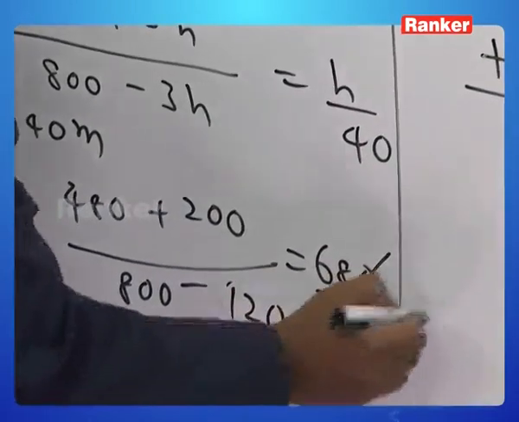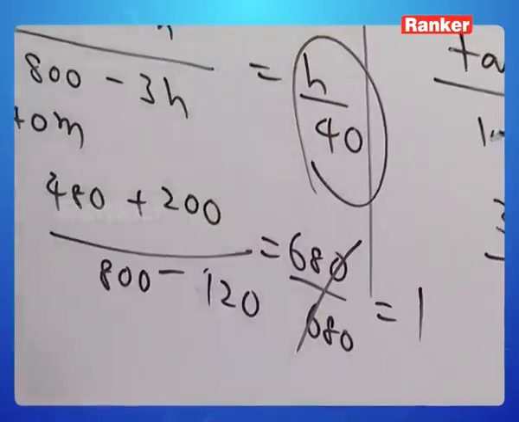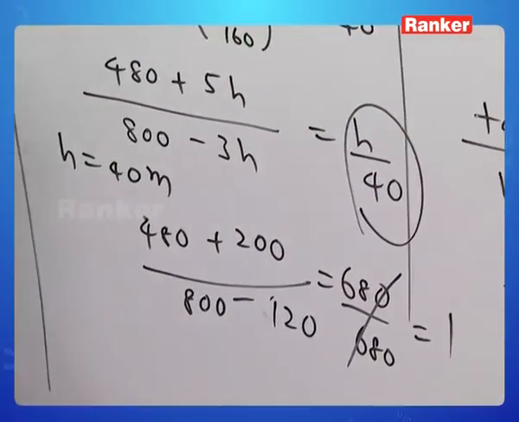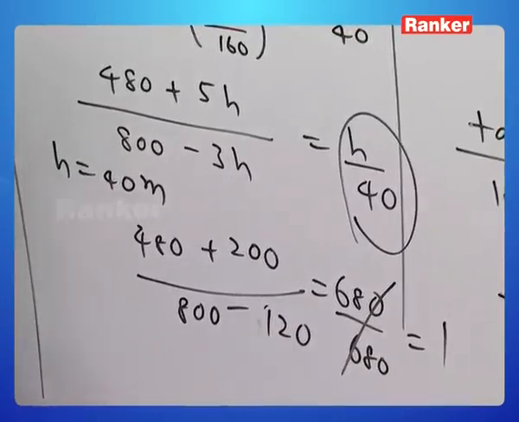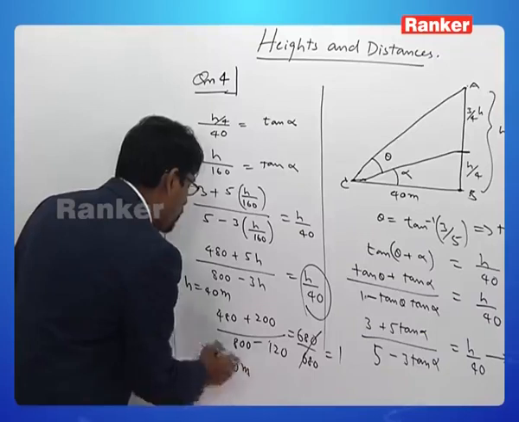So that matches. That will be 1. When h is 40, I am going to get the right hand side also to be 1. So clearly from the options we can go and then find that h has to be 40. So h is 40 meters.